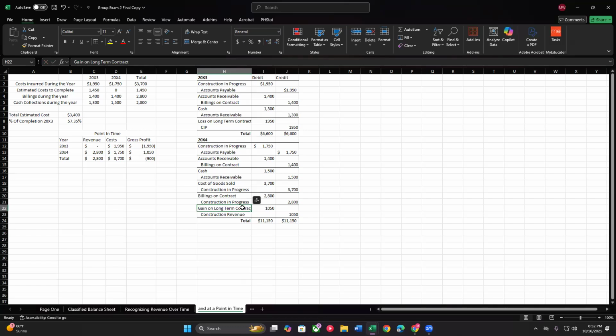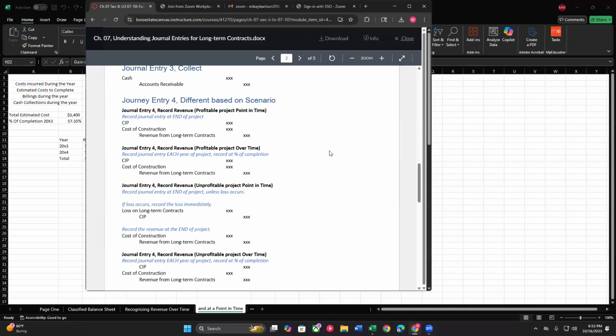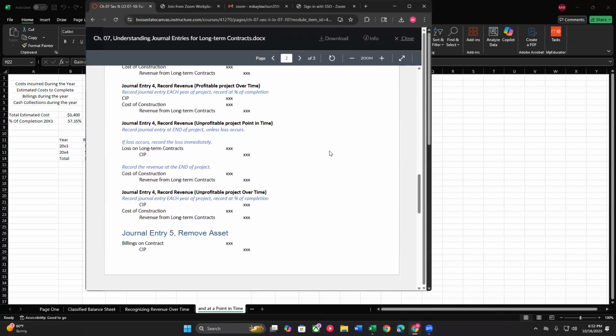No, because this would be a gain. Yeah, so here it says it would be a cost of construction and then the revenue from the long-term contract. So it'd be flipped.